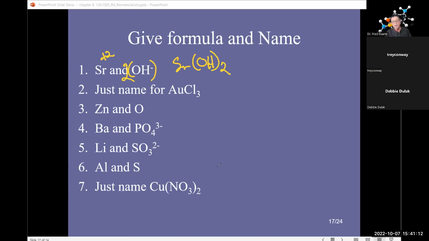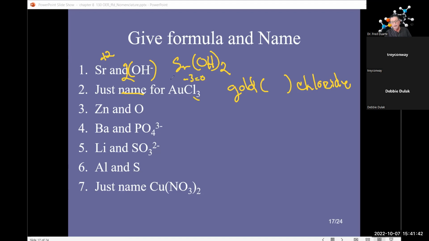Okay. All right, here they just want the name. So the base name here is gold chloride. We don't know what the parentheses is, so we've got to calculate it. We know that the chlorides each have a -1. There are 3 of them, so we have a total of -3.